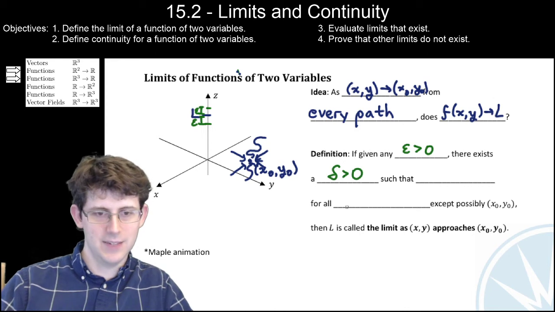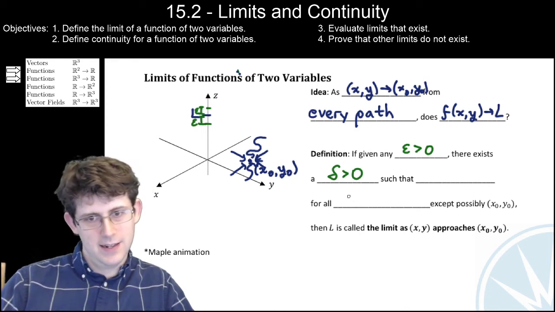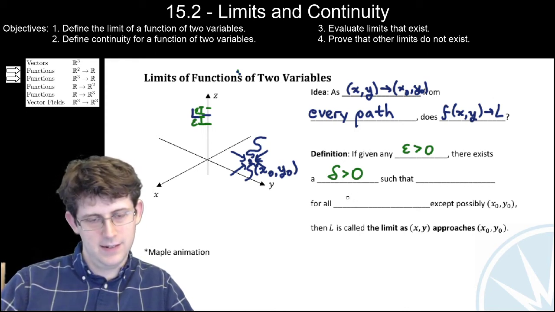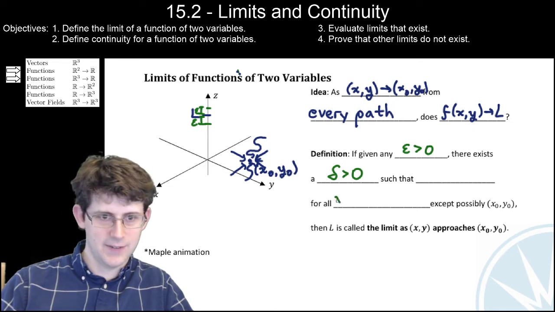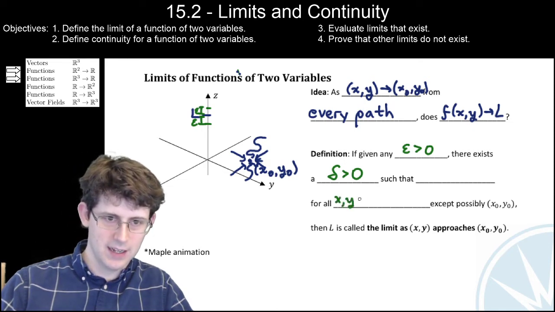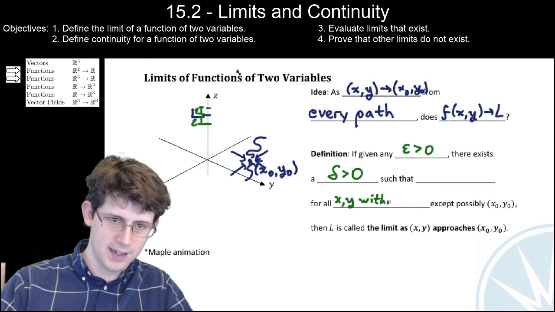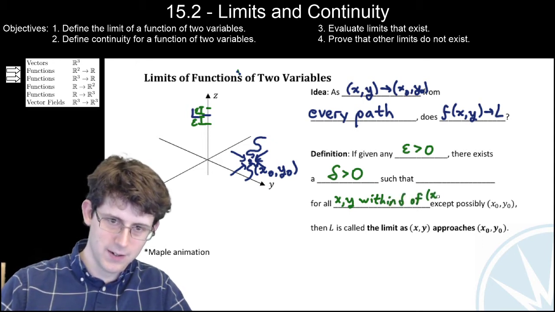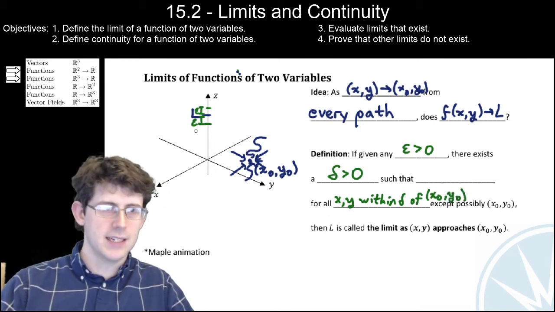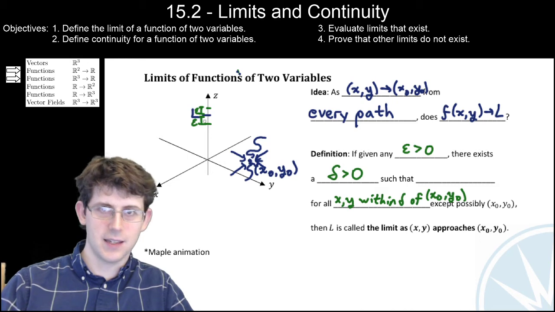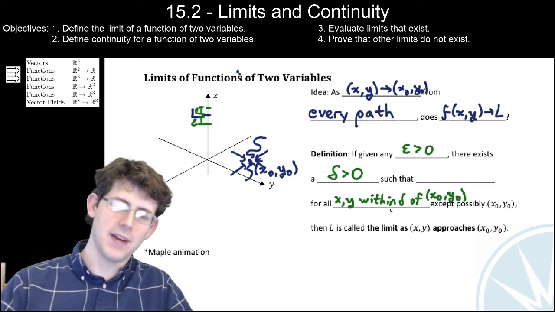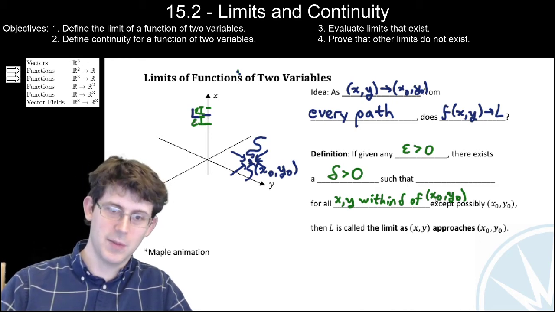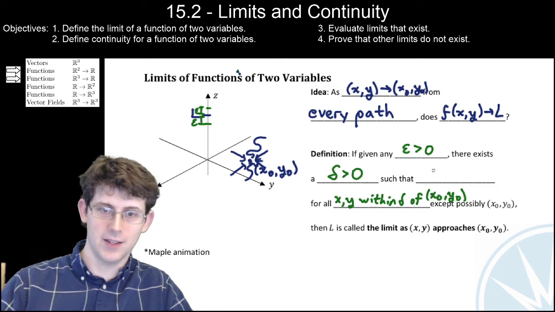I don't really have an easy way to write the distance. I guess I'll write it as for all (x, y) within delta of (x0, y0). So our enemy says, I bet you can't stay this close to L. We say, we're fine as long as you stay this close to the base point, then we will be that close to L.